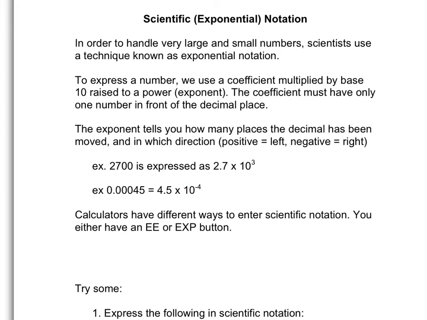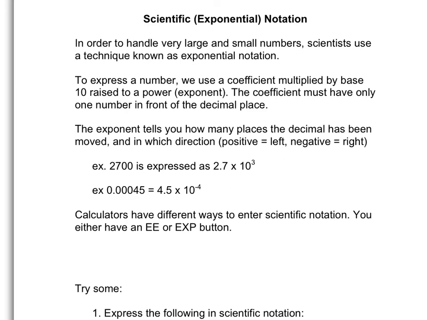Different brands of calculators have different ways to enter scientific notation. Look at your calculator and see if you have an EE button or an EXP button. This is what you want to use when you're entering a scientific number. Try typing in the number 2.7 times 10 to the 3.